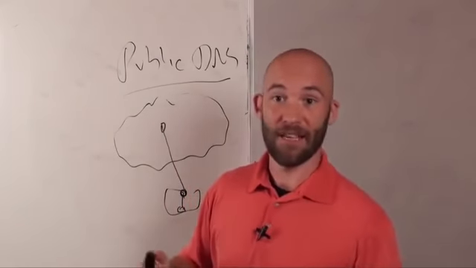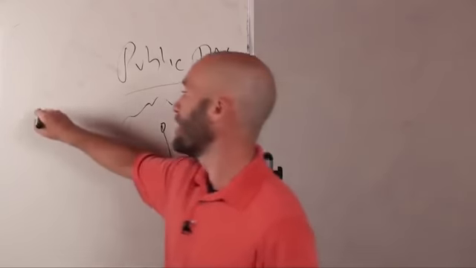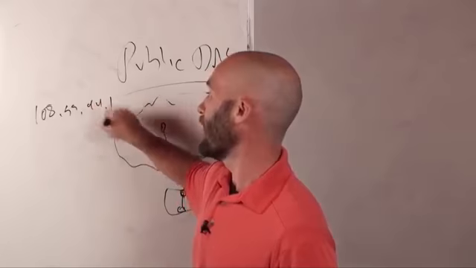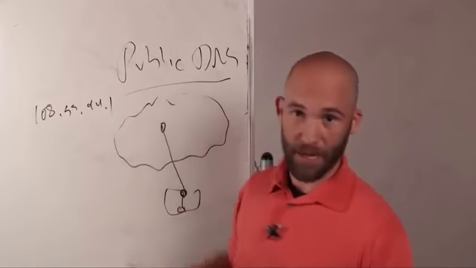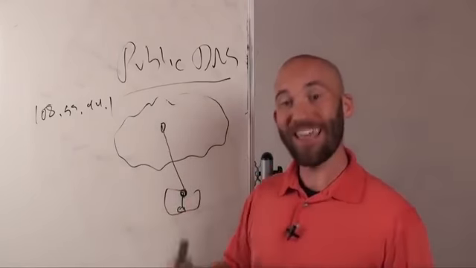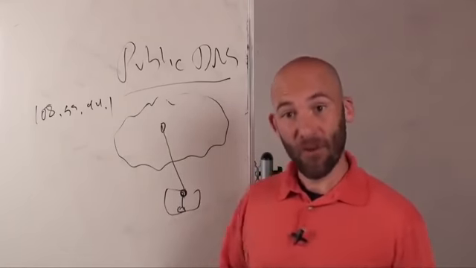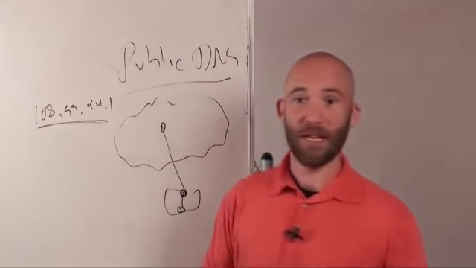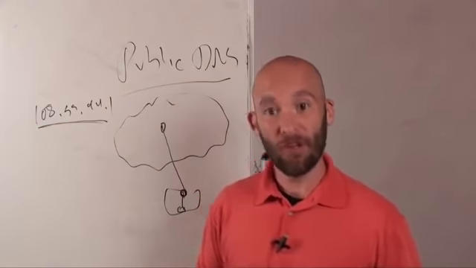All that is, they just gave you an IP address and you plugged it in, 108.55.44.1. I don't know, whatever it is, you plugged it in. Well, you do not have to use the public DNS servers of your ISP, your internet service provider. Although they give you those DNS servers to use, you can use alternate ones.